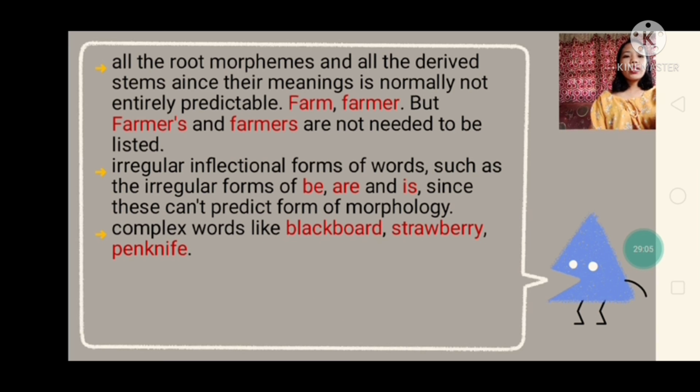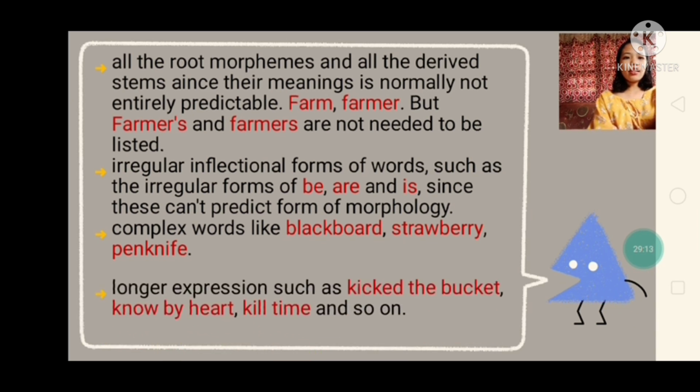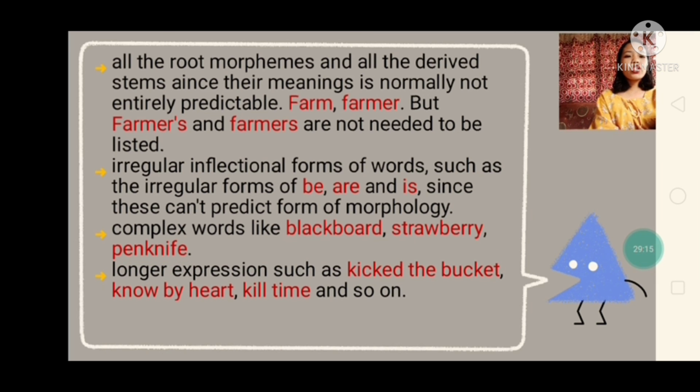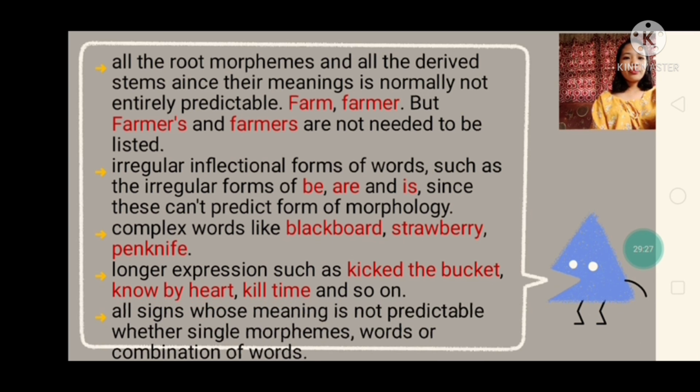So, complex words like blackboard, strawberry, and penknife are also present in the lexicon. So, longer expressions such as kick the bucket, know by heart, and kill time, and so on are also not present in the lexicon.